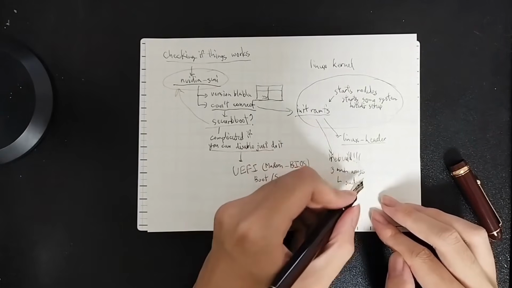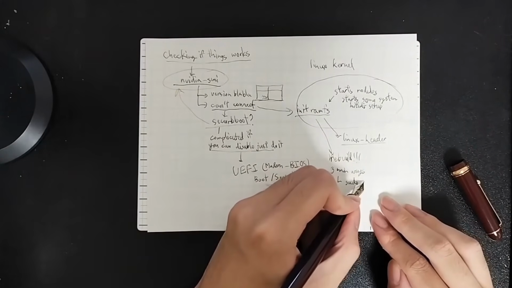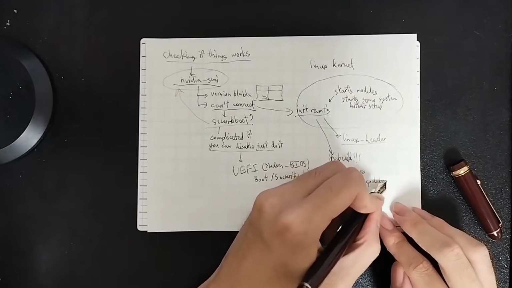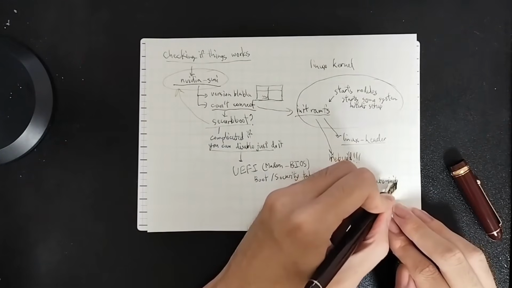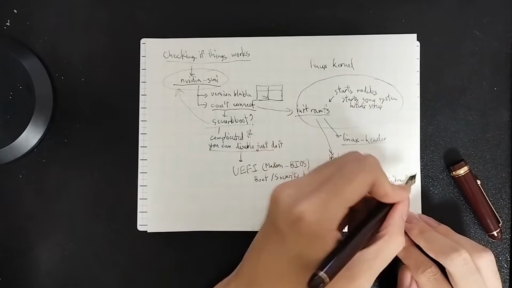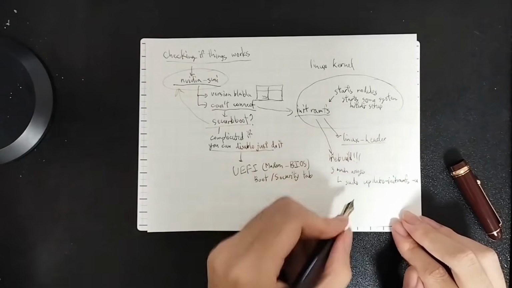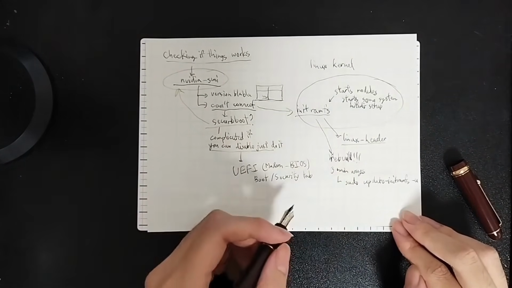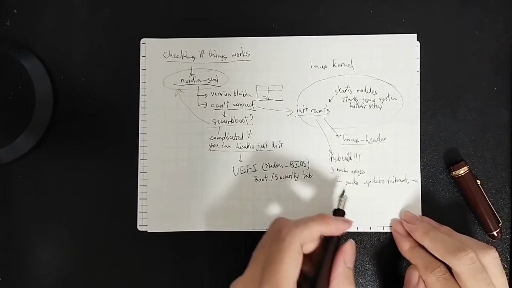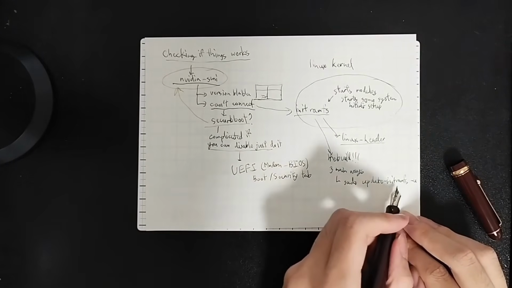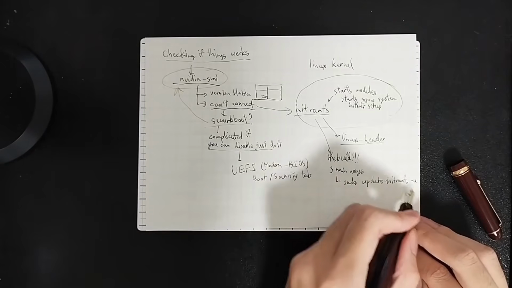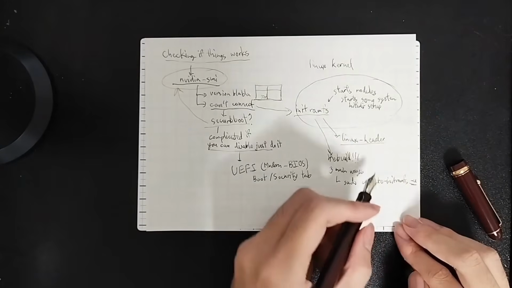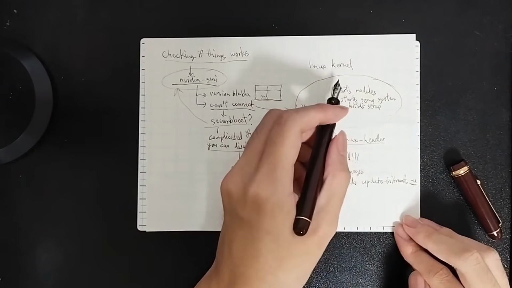The first way is with this command, update-initramfs, and don't worry about this, I'll add it all in the description and also possibly in pinned comments. So you have sudo update-initramfs -u, and this -u means to update the currently existing kernel version that you're on.